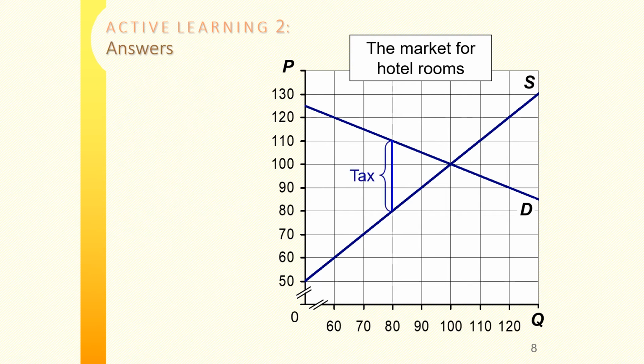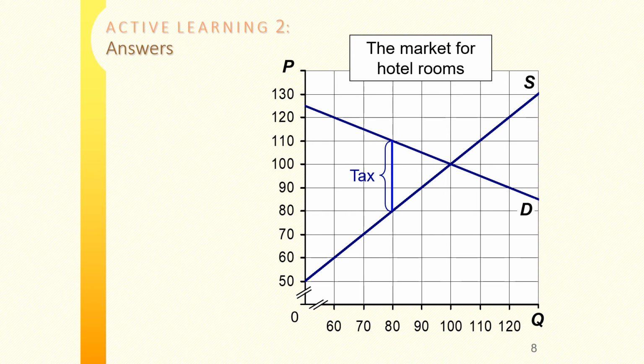Here is the answer. A tax amounting to $30. This gap is exactly equal to $30 because you can easily see one bar or one square equals $10. So a $30 tax wedge will lie where the quantity is 80.